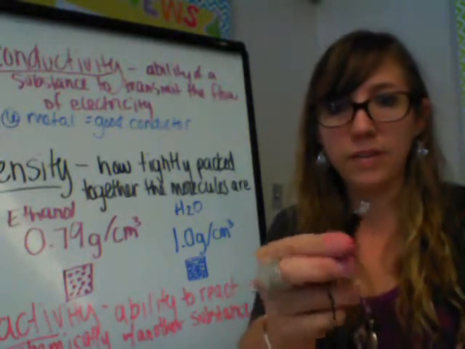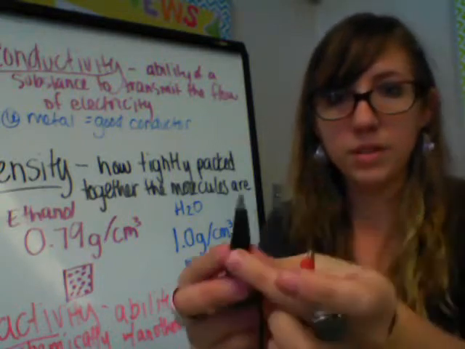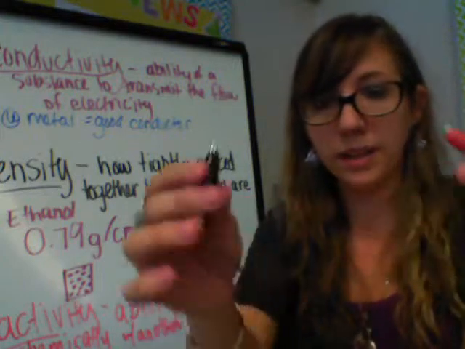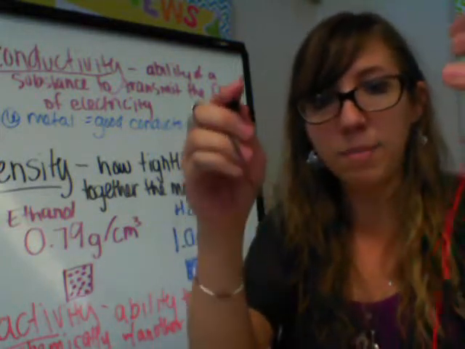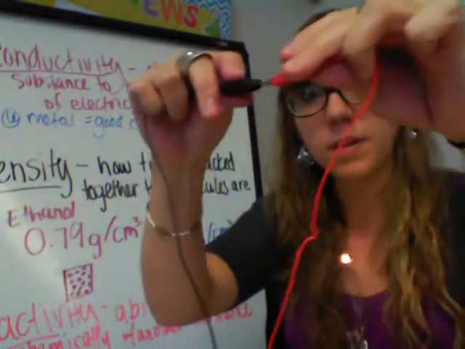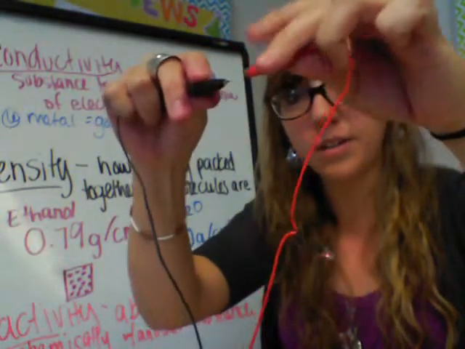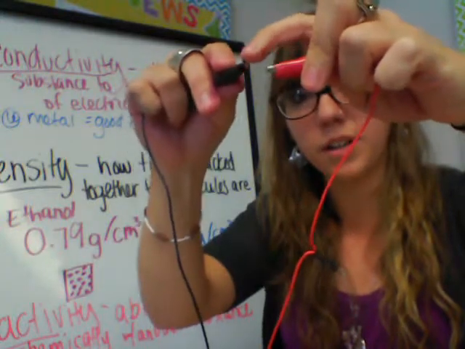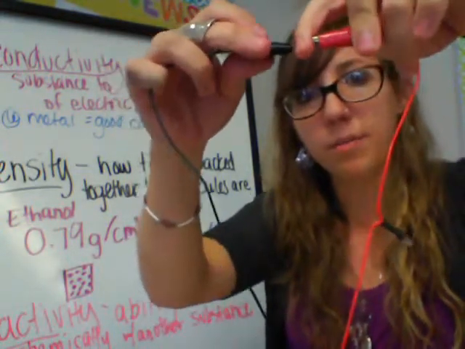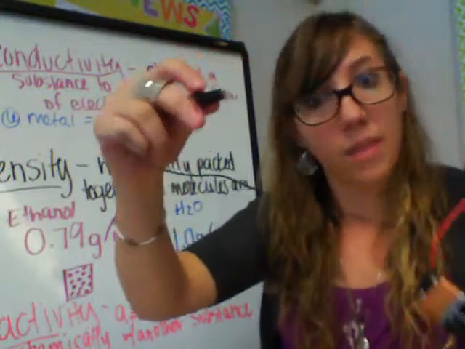You have these 2 ends of the wire here, and you're going to connect them and see if this little light bulb lights up. You can see right here, if I connect them, the light turns on. I'm not a very good conductor of electricity, because if I put my finger in between these 2, it does not light up the light bulb.